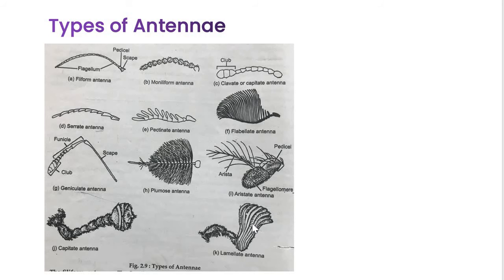Here the terminal segments of the flagellum are the posterior segments, and here are the former segments. The terminal segments of the flagellum get modified into leaf-like broad plates forming a capitulum. That is why the name given is lamellate antenna.